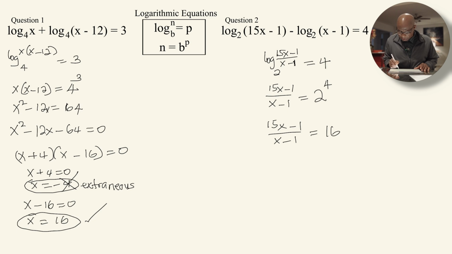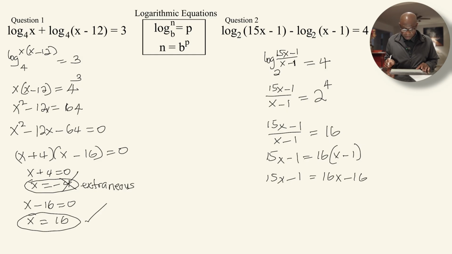So if we cross multiply, we have 15x minus 1 is equal to 16 times x minus 1. Again, we're going to use the distributive property on this. So you have 15x minus 1 is equal to 16x minus 16.